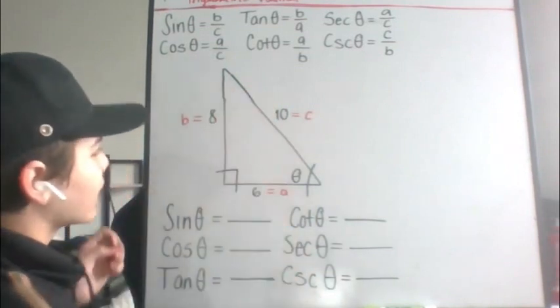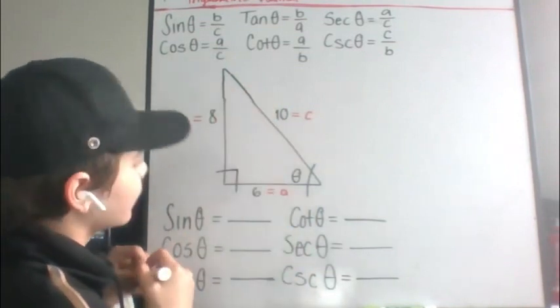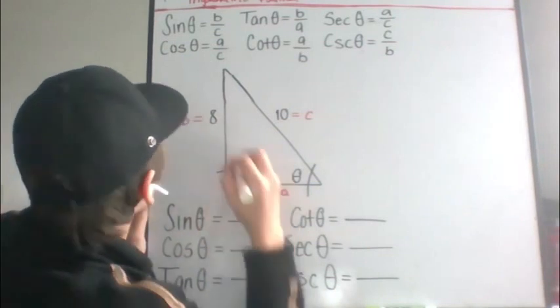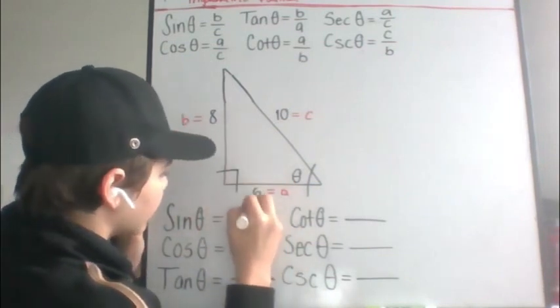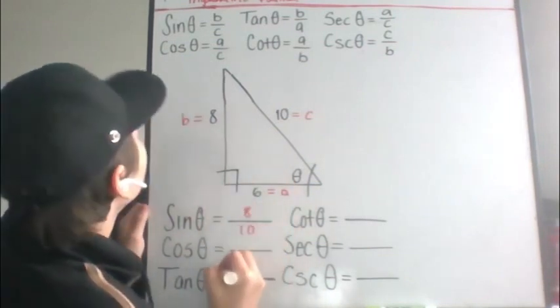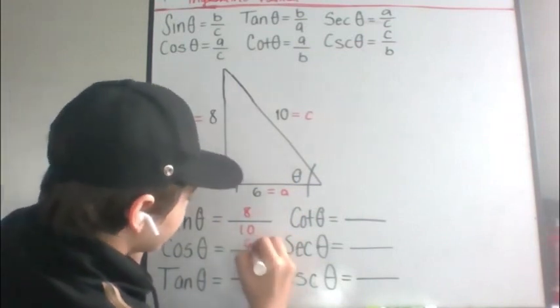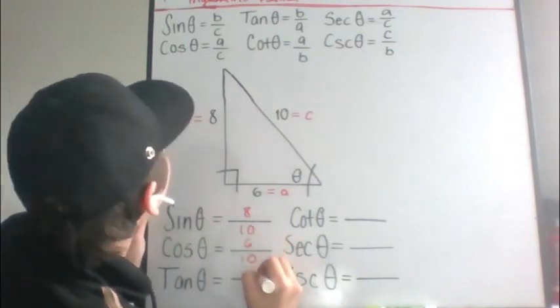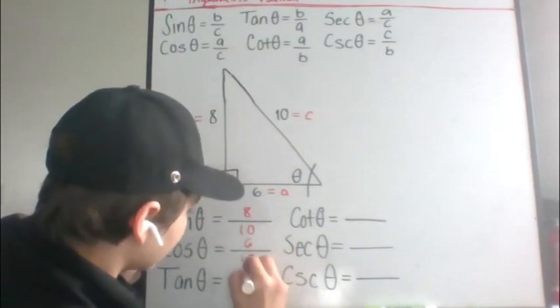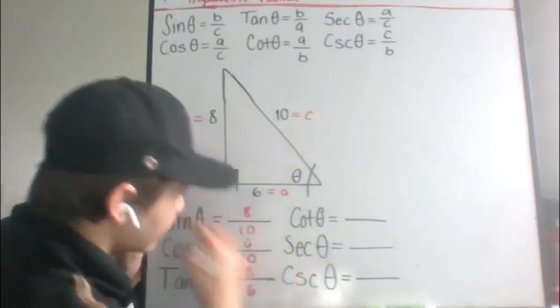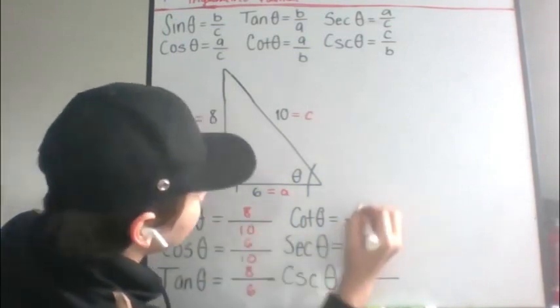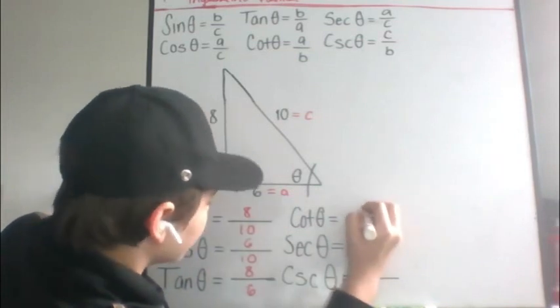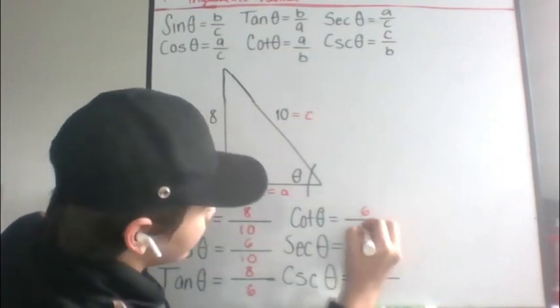So in this case, we only have to annotate the information that we already have. So BC will be 8 over 10. AC will be 6 over 10. BA will be 8 over 6. AB will be 6 over 8.